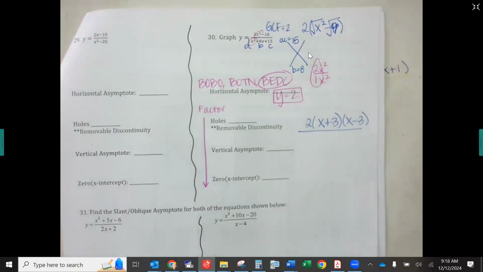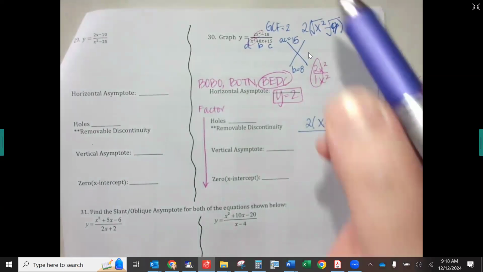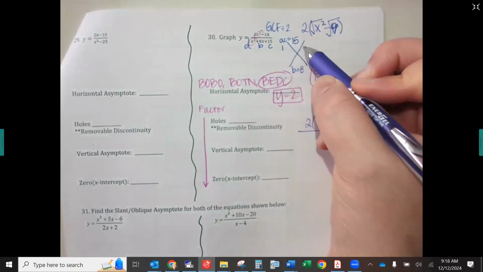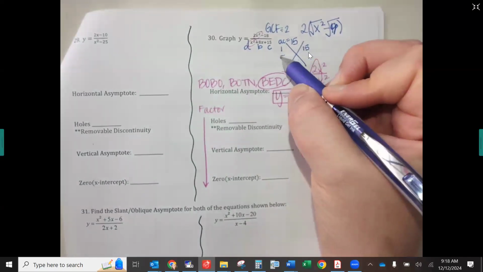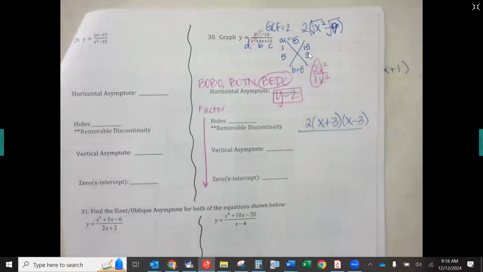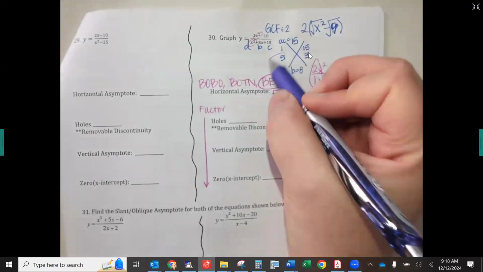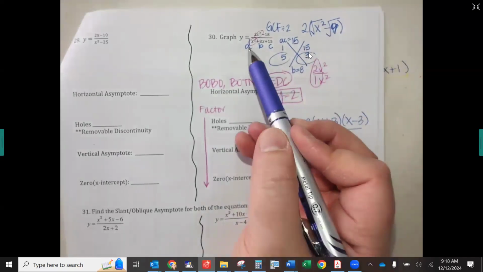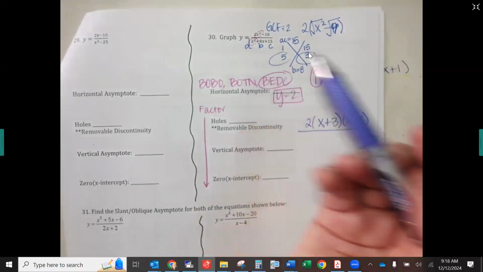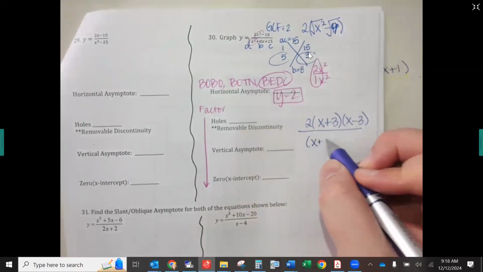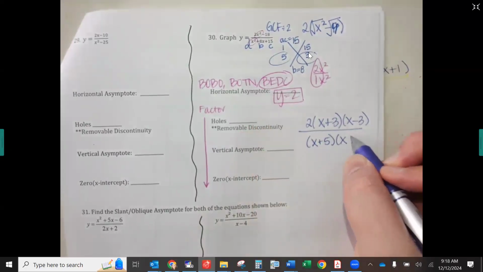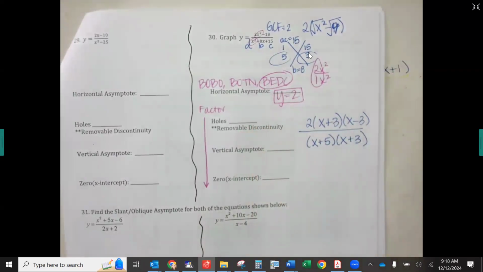What numbers will times to 15? 1 times 15 or 5 and 3. And then out of those options, which one's going to add to 8? The 5 and the 3. Now remember, if your A is a 1, you're done, which it is. So it's going to be x plus 5 and x plus 3.